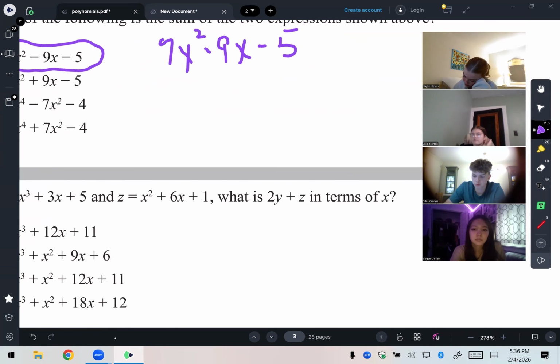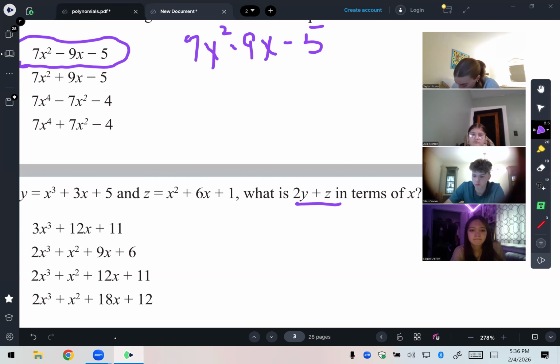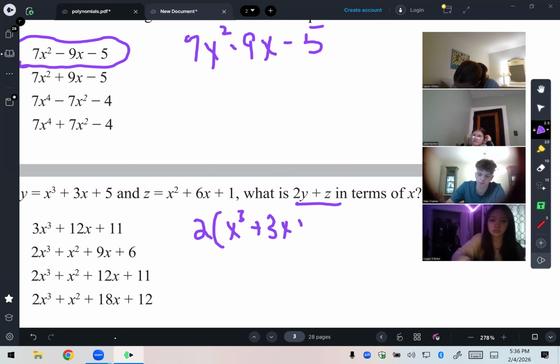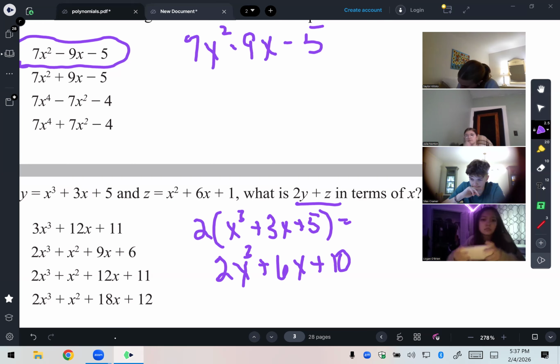So here we're going to align them. We want 2y plus z. So we're going to put 2 before this expression. So that'll be 2x cubed plus 6x plus 10. And then we have to add z. So if we add the z, that's going to be an x squared, which we're going to put in right here.